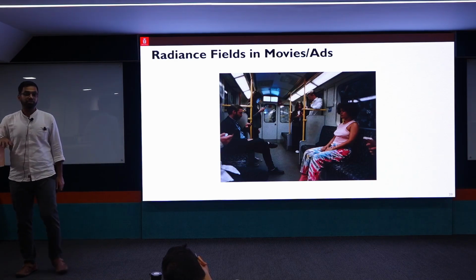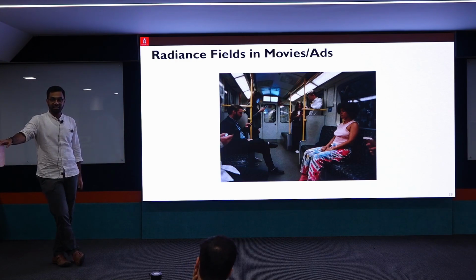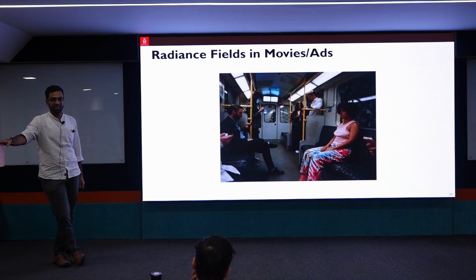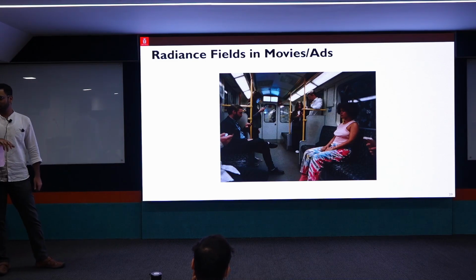But it's already being used, especially in the movie industry and for making ads. There are many ads that have been made that use NeRF and 3D Gaussian splatting technology. I just wanted to give you a small sample. Here's one example. I forgot to add the citation, I will add it, but let me play this. This also has audio, so hopefully that works.